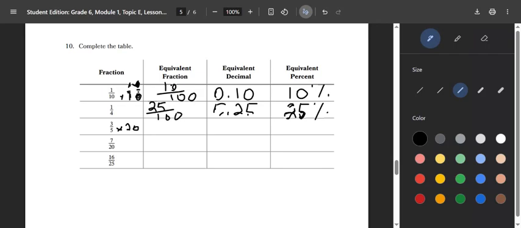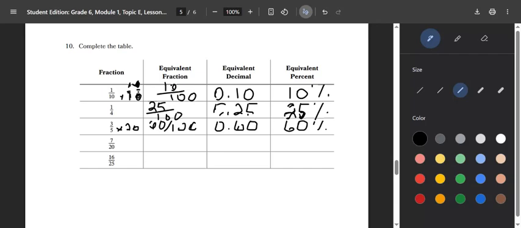When I multiply the 5 times 20, I also have to multiply the 3 times 20, and 3 times 20 is 60. That gives me 60 over 100. So 60 over 100 is 60 hundredths, which is equivalent to 60%.